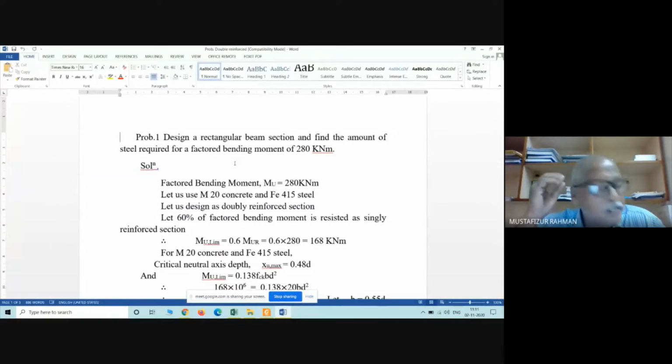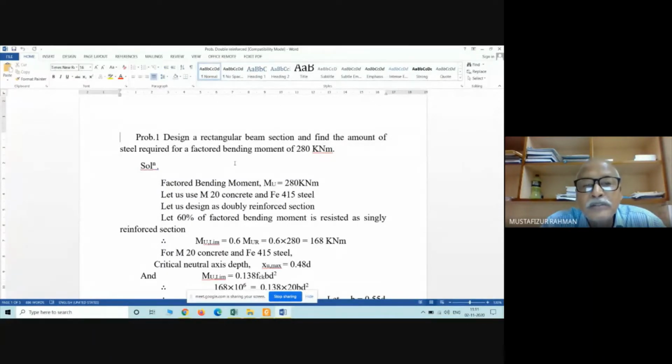In the last class, we had discussed the doubly reinforced design section, and we tried to solve a problem for that, right?